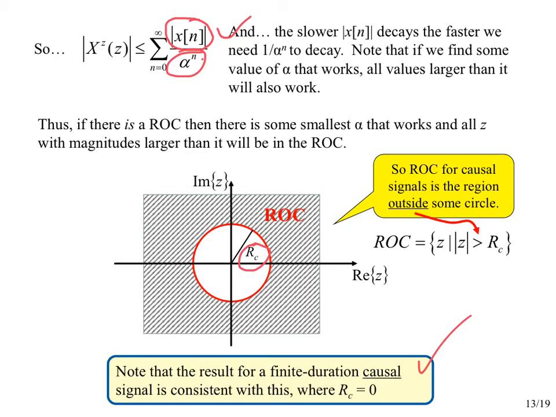And for the finite duration case, r sub c is just equal to 0. If you remember, we said everywhere except at the origin. So a circle of radius 0 would give us just the origin to be excluded.